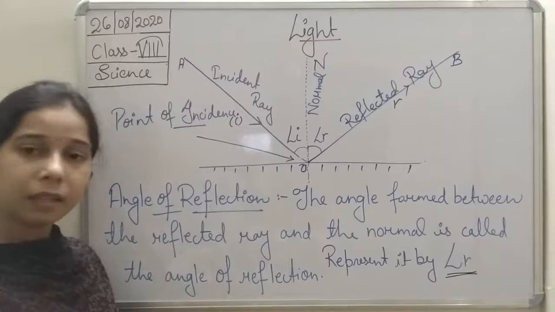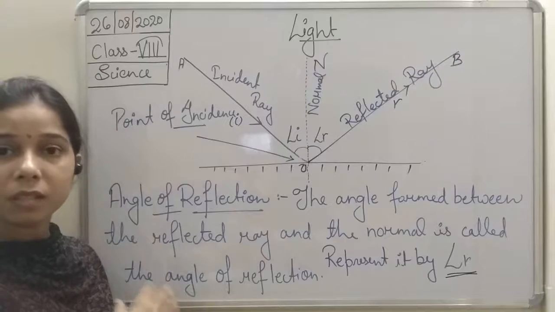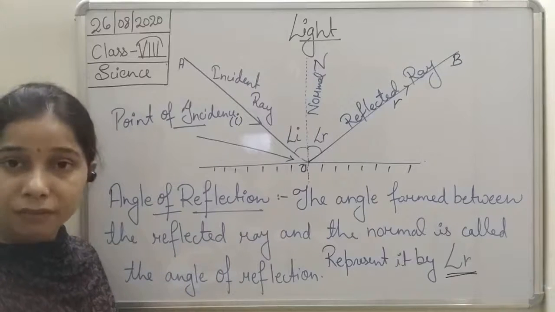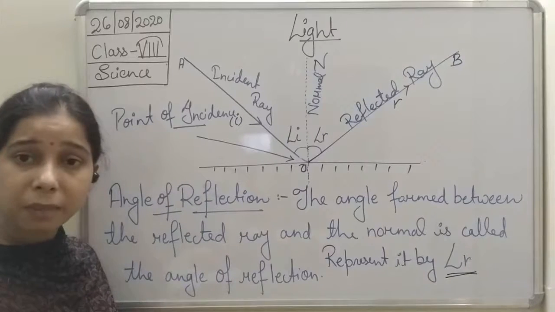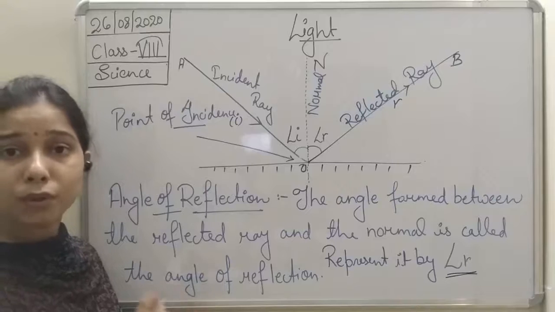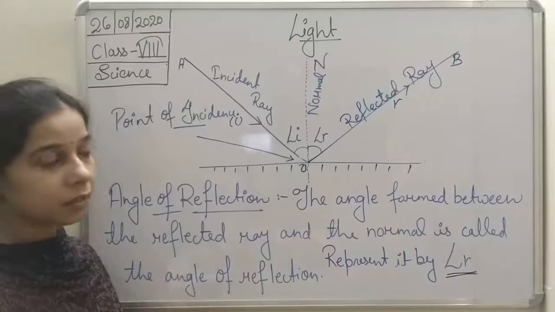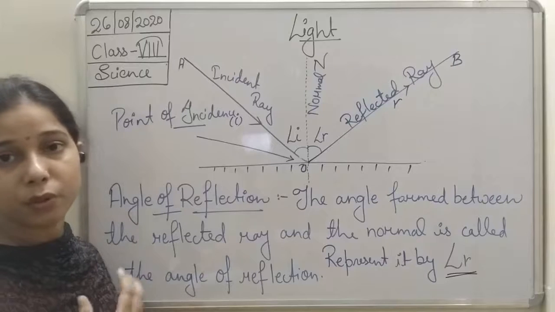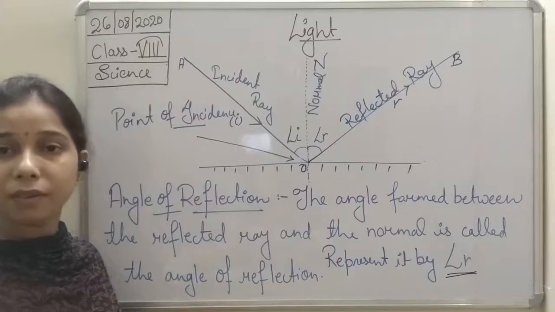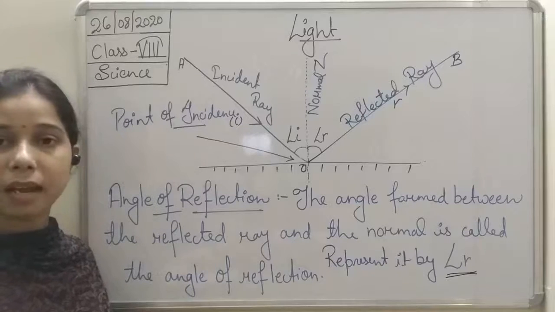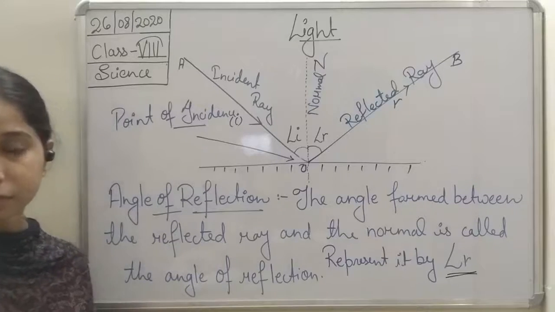Later on we will use terms like incident ray, reflected ray, normal ray, angle of incidence and point of incidence. So you should know what the incident ray, reflected ray, point of incidence, angle of reflection and angle of incidence are. These terms will help you understand the reflection of light.